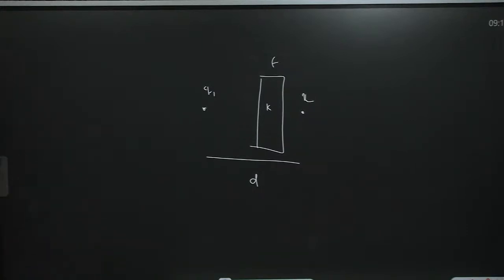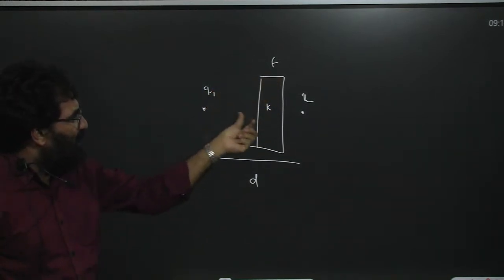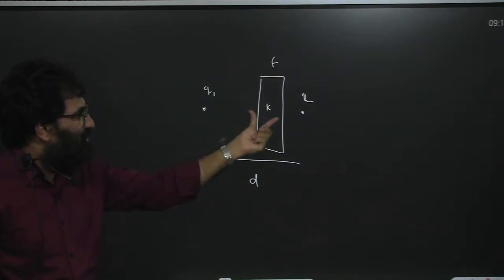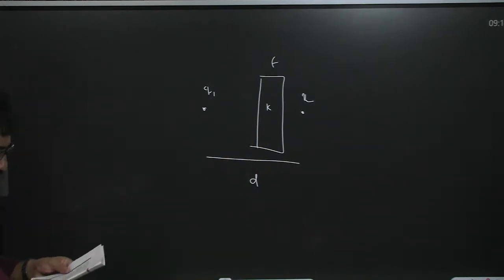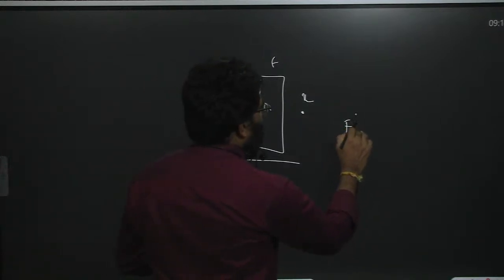What is the force between them and how do we calculate it? Initially this medium is not there. Only partly we filled, with plate area A, but the total distance between them is d. When we introduce a dielectric of thickness t, remember that the net force is given by the following. Write down: force F dash is equal to what?